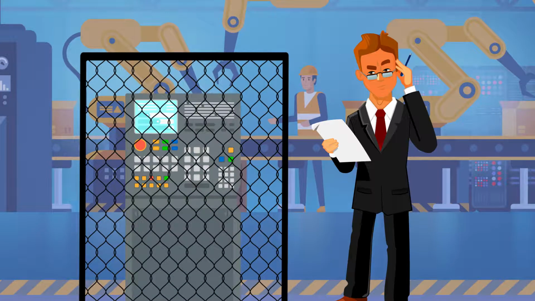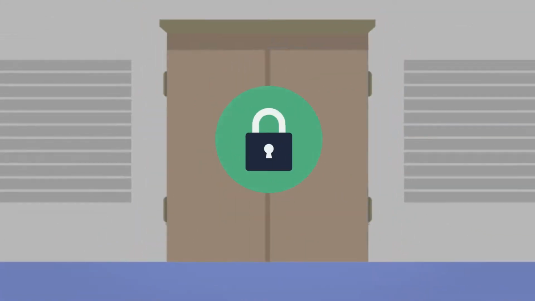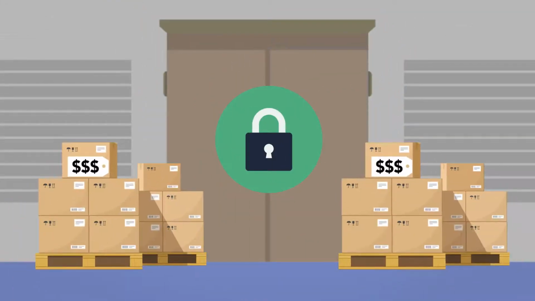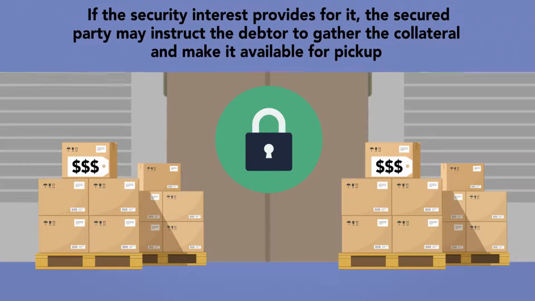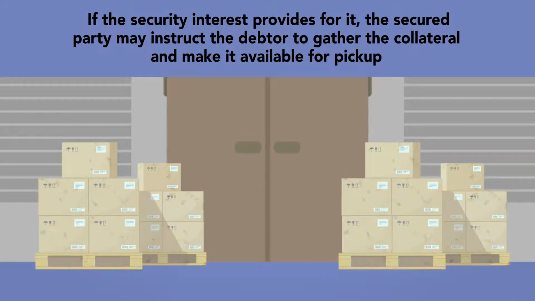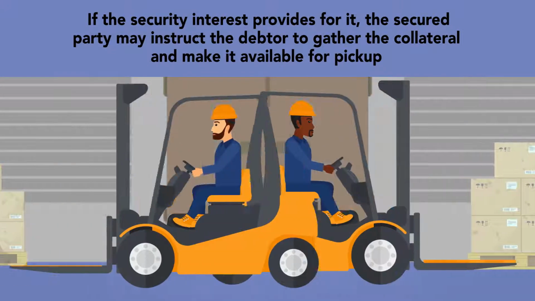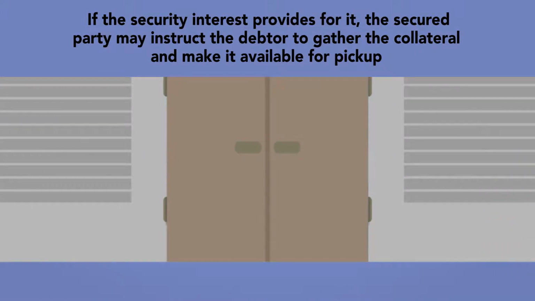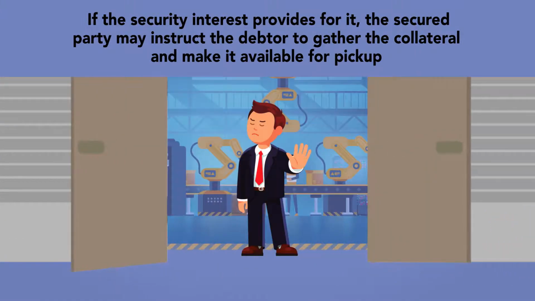If the collateral is a warehouse full of inventory, the secured party might change the locks and take over the lease, and then sell the inventory to others to satisfy the debt. If the security agreement provides for it, the secured party may instruct the debtor to gather the collateral and make it available for pickup. Debtor cooperation with this requirement is, of course, not always forthcoming.